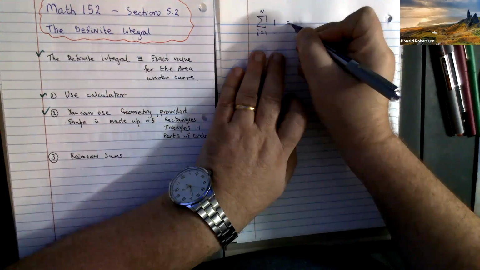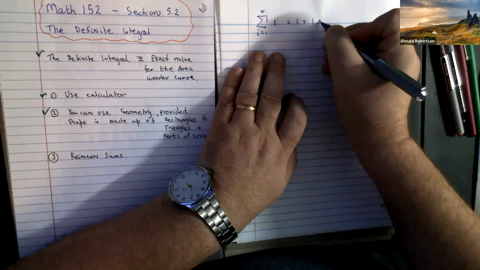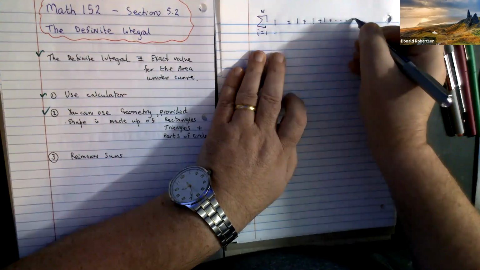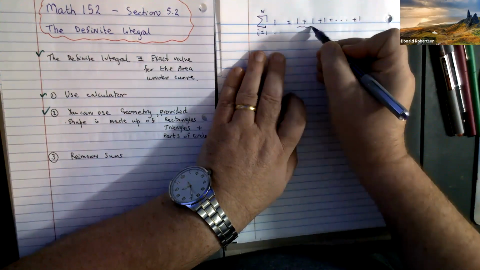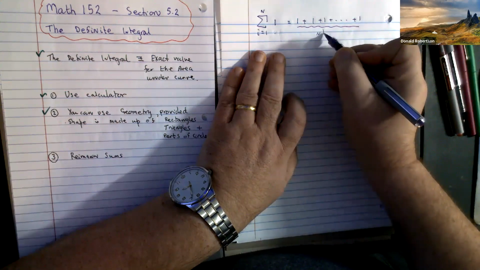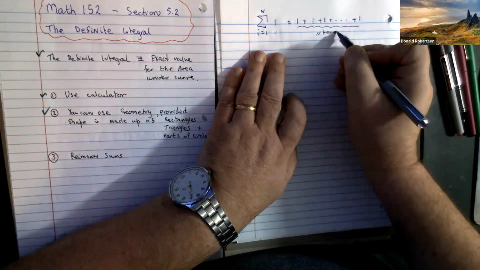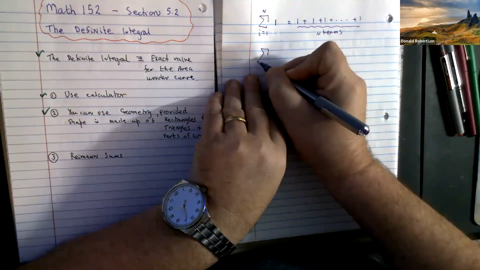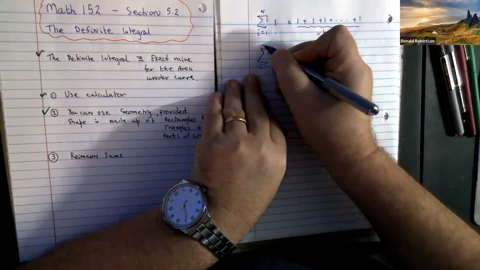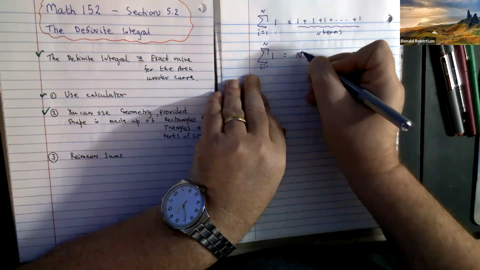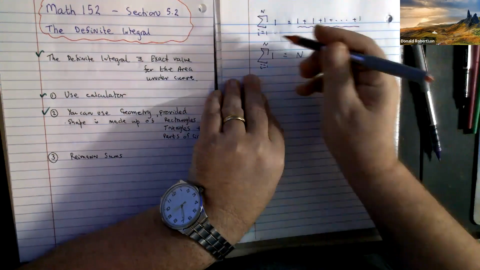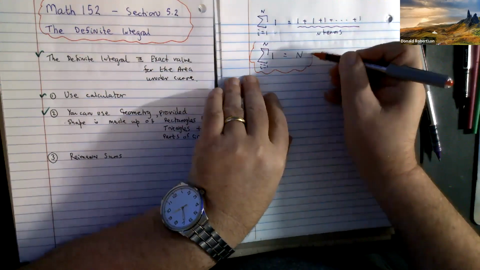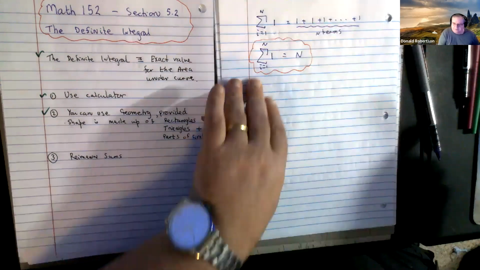That's a very simple one. It's 1 add 1 add 1, and you'd finish with the 1. And altogether, there would be n of these, n terms. So it shouldn't surprise you that that is equal to n. And that one you could figure out yourself.